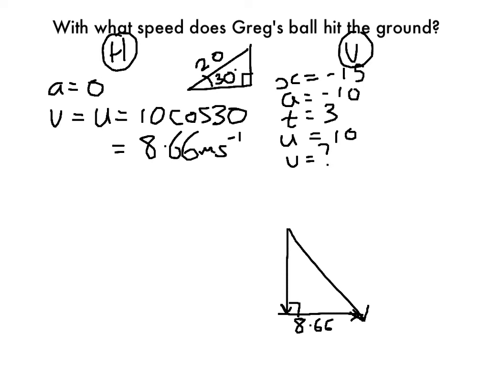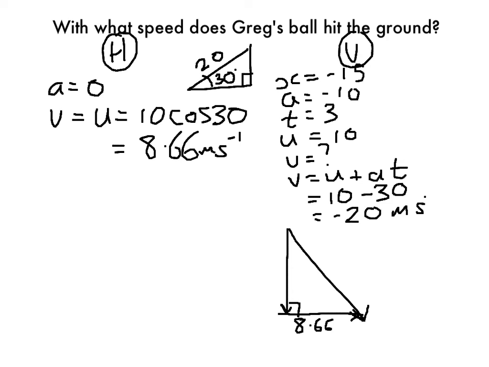So we have our choice of any of the SUVAT equations. I'm going to choose the simplest one, v equals u plus at. And so you'll see that v is 10 minus 30, 3 for t, 10 for gravity. And so you see that the final velocity in the vertical component is negative 20 meters per second.